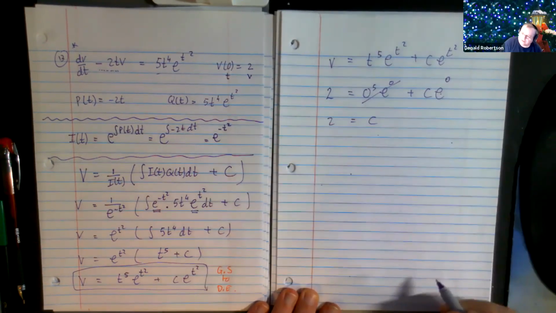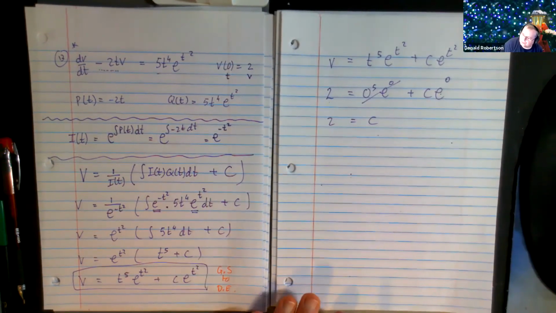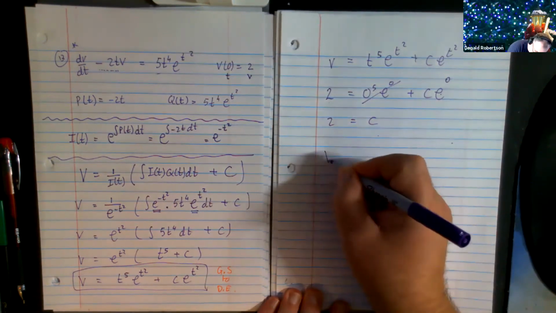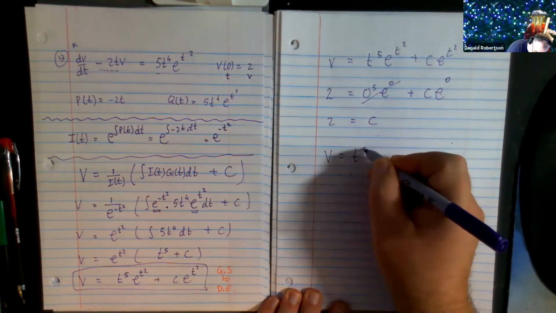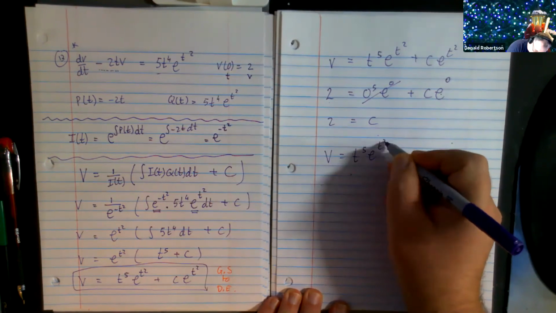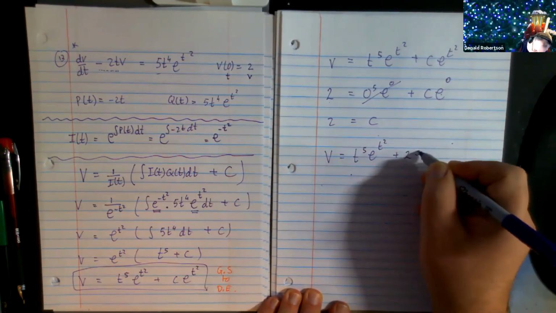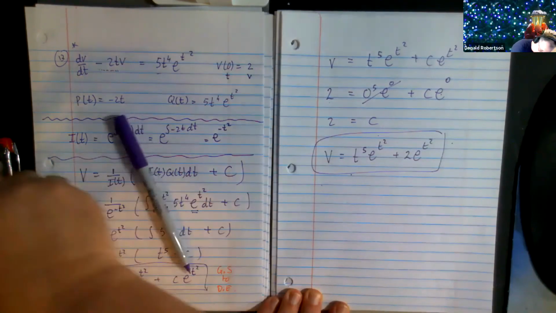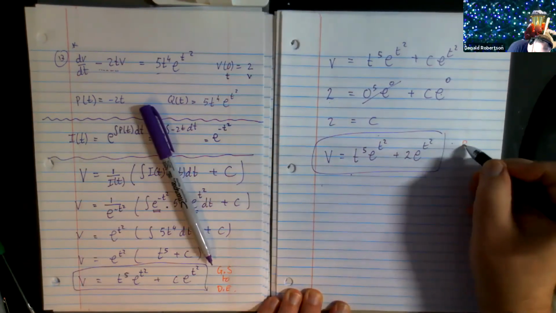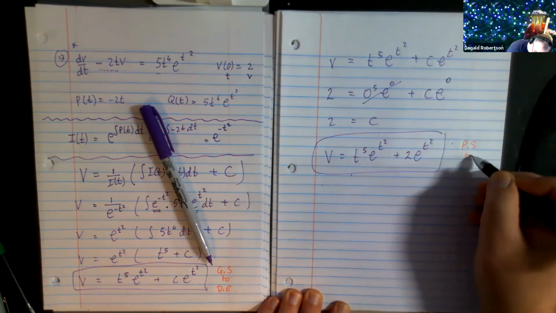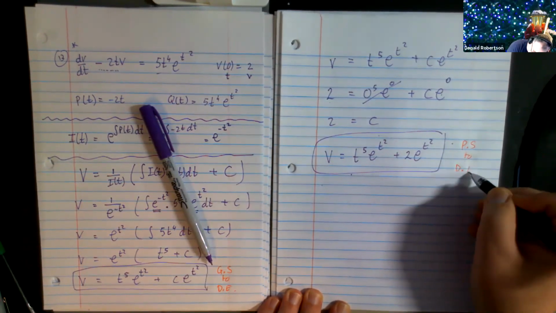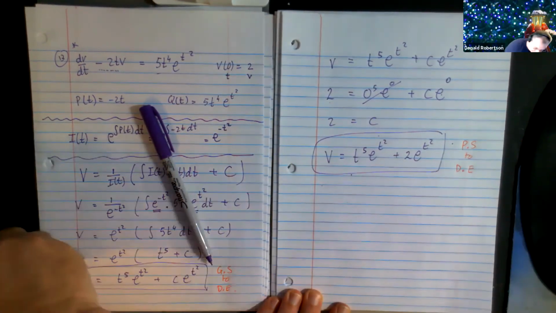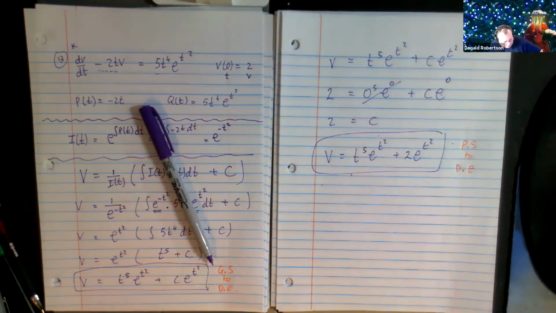Yeah, that wasn't too hard. C is 2. And so we're finished. It's t to the 5, e to the t squared, plus 2 lots of e to the t squared. And that's the particular solution to a differential equation.